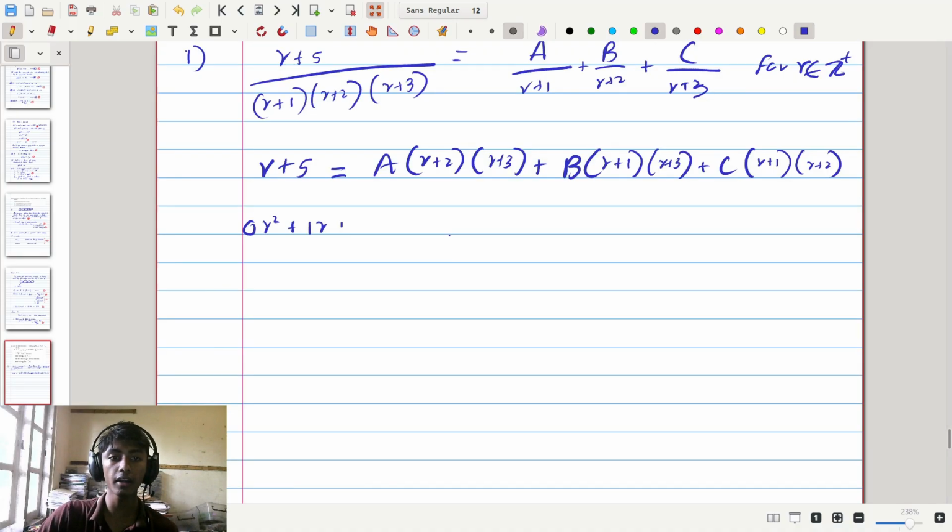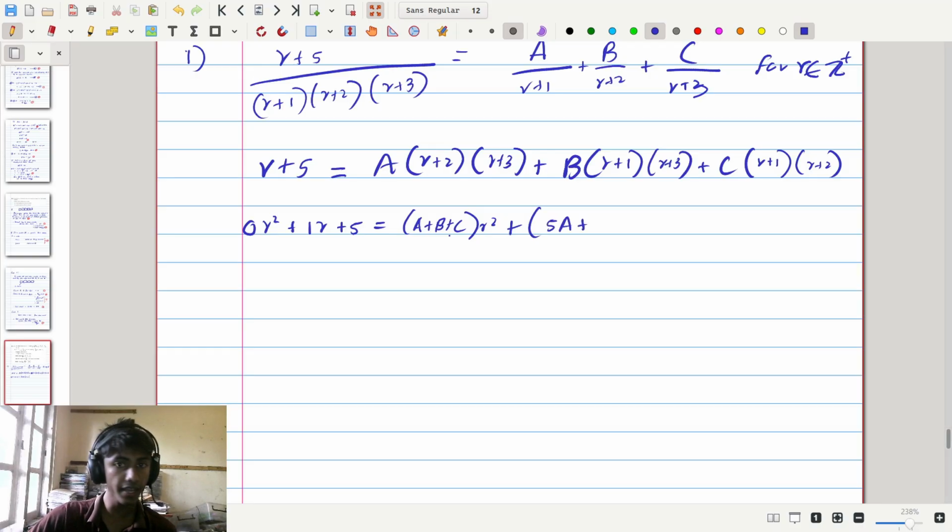Now simplifying this down, we can see on the left hand side we have 0r² + 1r + 5 equals, and on this side we have a, b and c terms all giving r squared, so we factorize and have (a + b + c)r². Then considering the next two terms, we have a times r times 3 and a times 2 times r for a total of 5ar, so plus 5a times r.